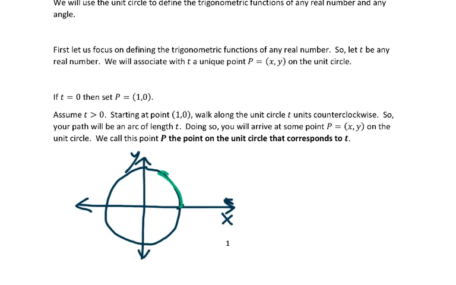So you can imagine now that this little subarc is T units in length. The point you end up at is going to be your point P, some point on the unit circle. Okay, so that's what we have here.